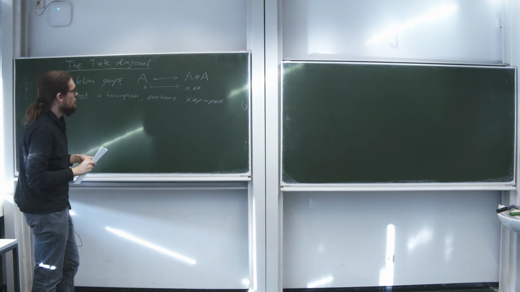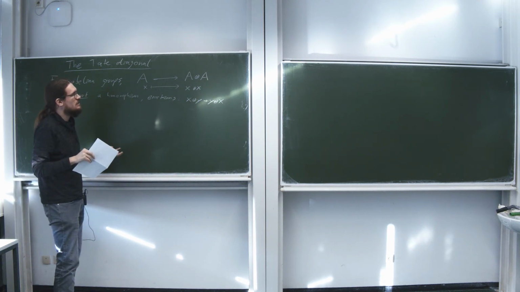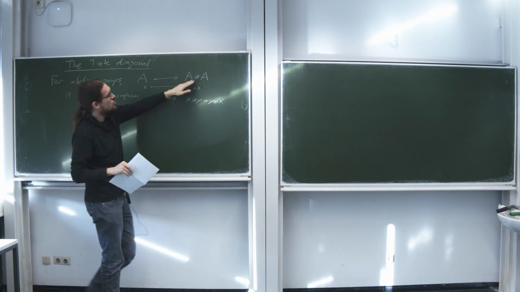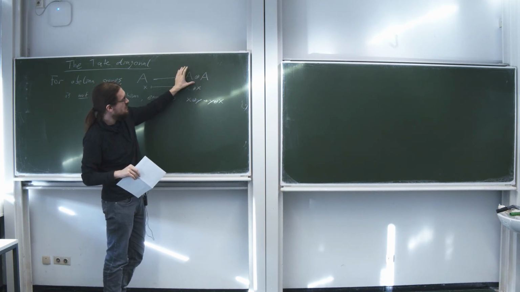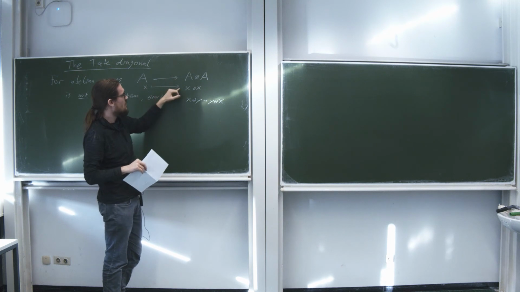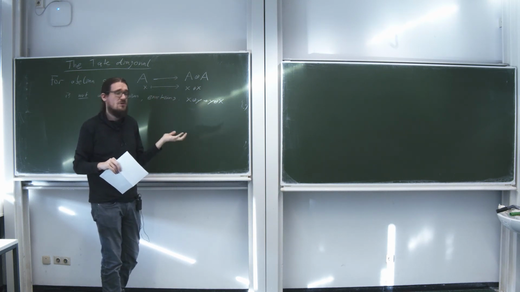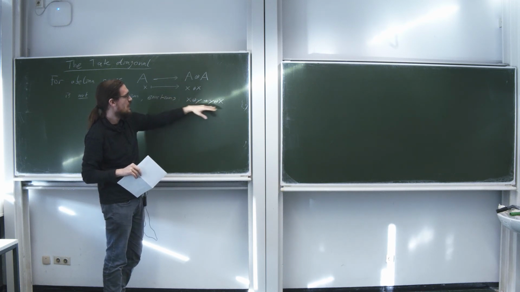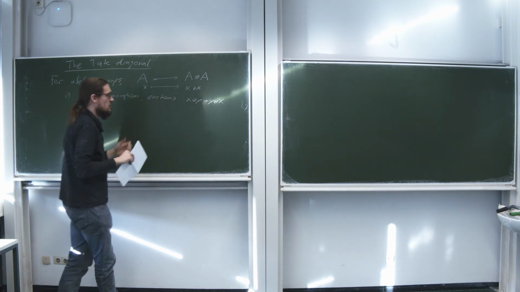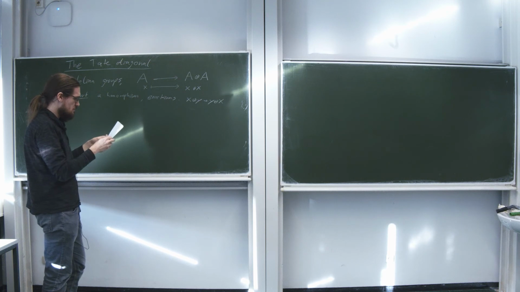And one thing you can ask is, what kind of quotient do I get if I try to pass to the minimal quotient of this, where this map is actually a homomorphism? So in other words, what do I get if I quotient this by these error terms?